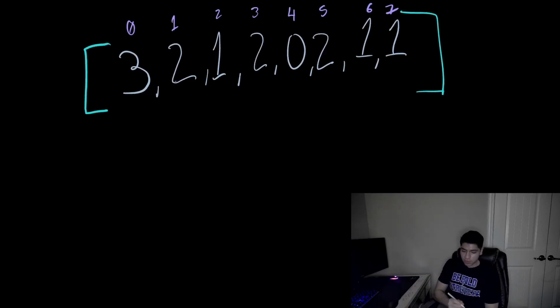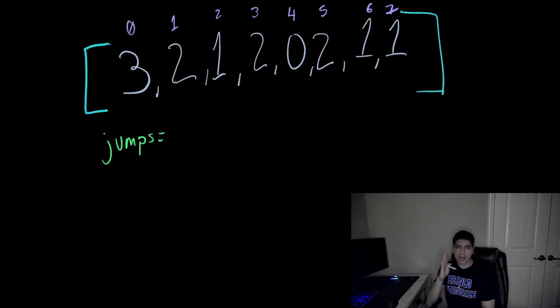Perfect. So I have an array here for you guys as an example with the indices above. First off, we need to keep track of the number of jumps, so we know for sure jumps is going to be one of our variables. The next thing is we want to keep track of the current maximum reach we can get to.